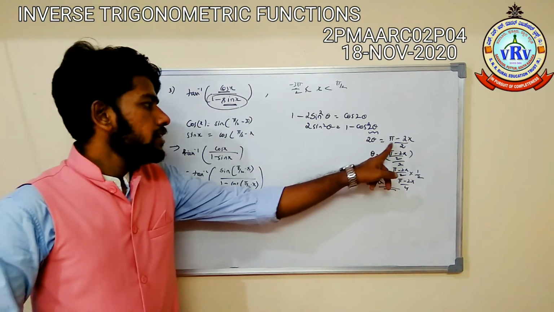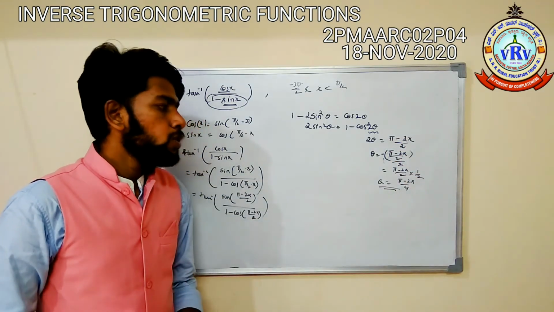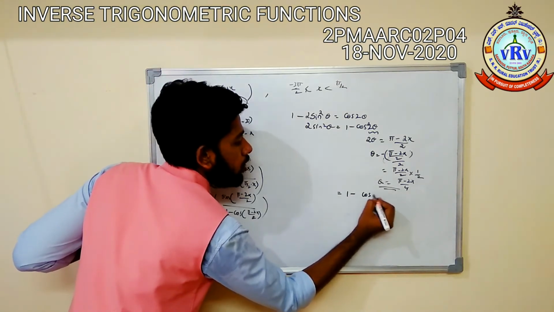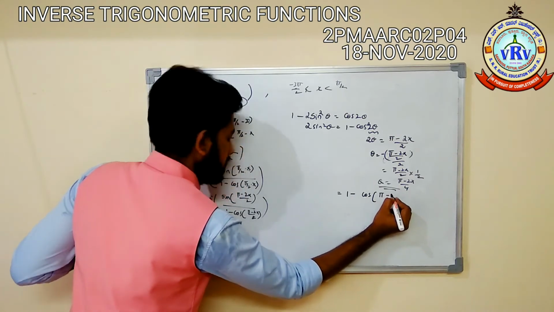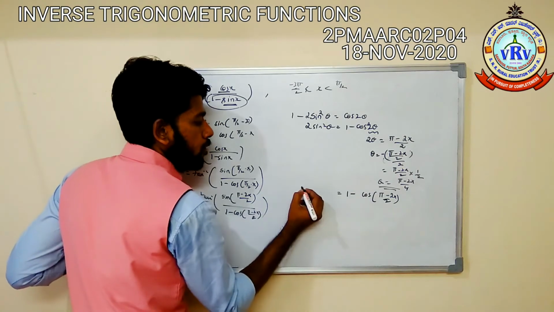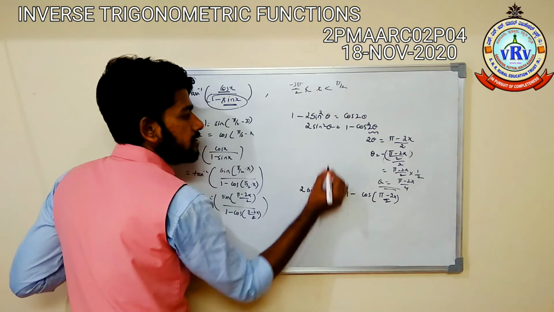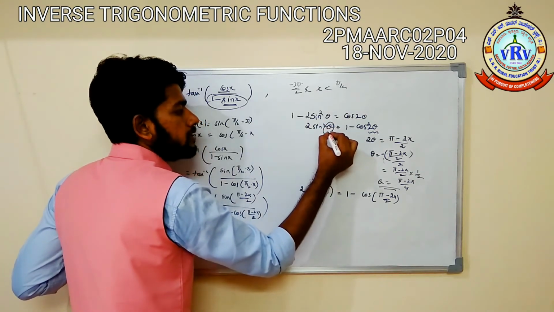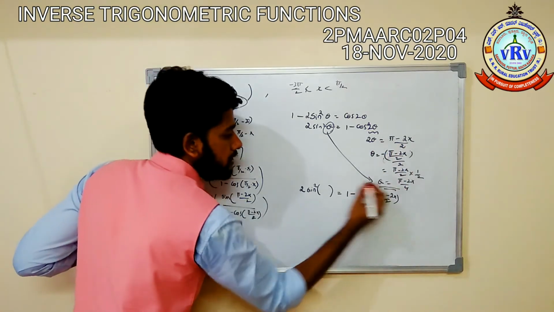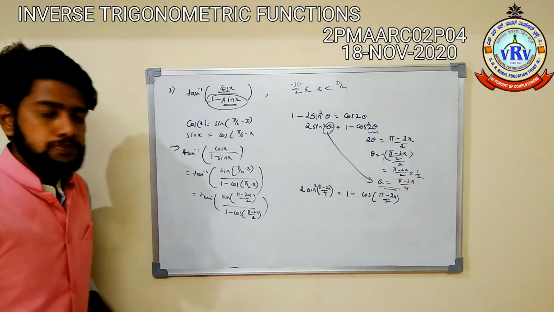Here, if 2 theta is equal to (pi minus 2x) by 2, then theta is (pi minus 2x) by 4. Therefore, in 1 minus cos 2 theta, we have (pi minus 2x) by 2. So if I replace this in terms of sine, we should write the theta value. Now 2 theta is (pi minus 2x) by 2, meaning theta is (pi minus 2x) by 4.